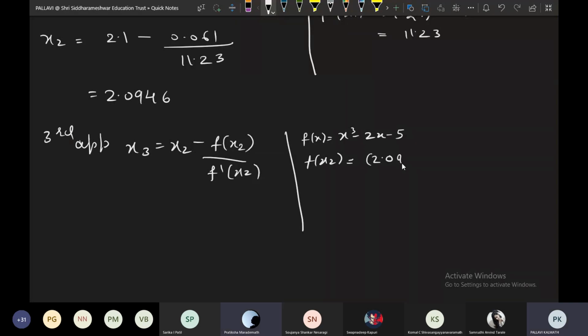Okay, so take the value 2.0946 cube minus 2 into 2.0946 minus 5. What is the answer? 0.0005. 4 or 5? 5.